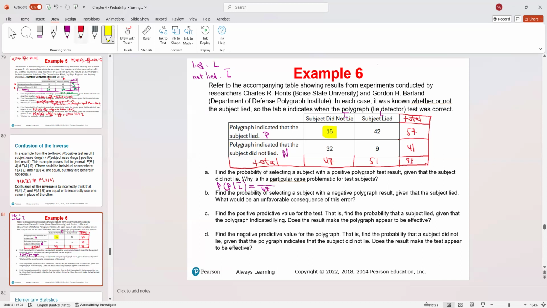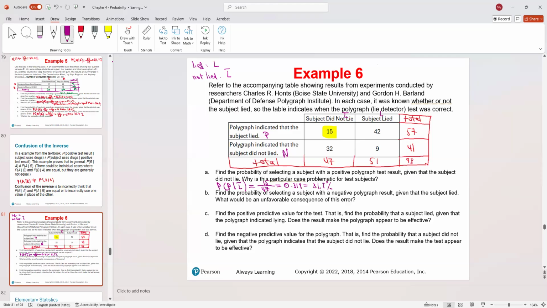So we're going to say 15 over 47. So take the intersection, all right? Positive results given that the subject did not lie. So the answer would be 0.319, or we can say 31.9%.